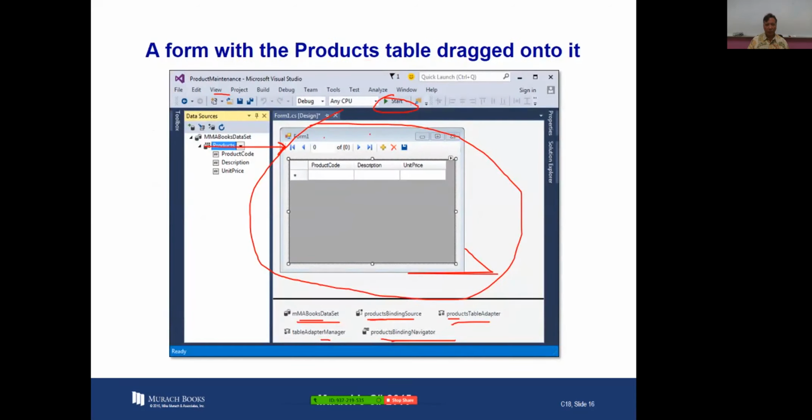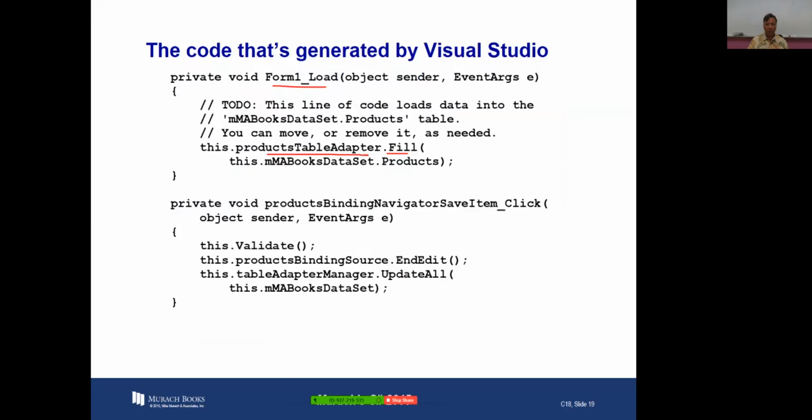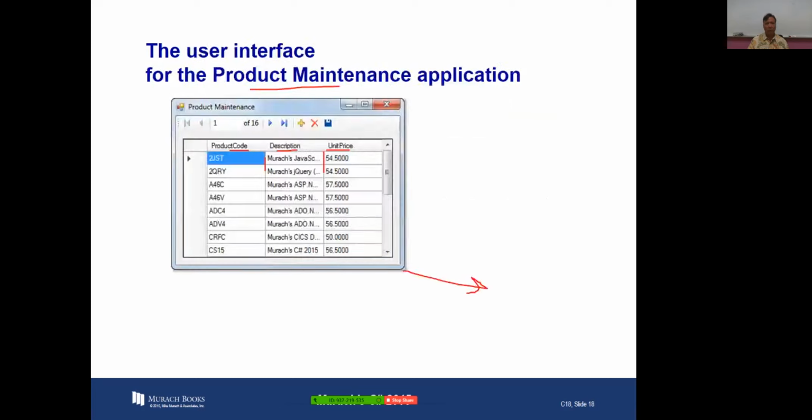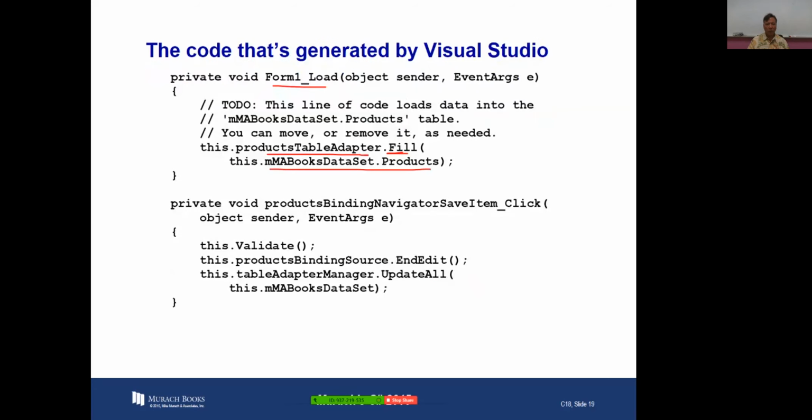The products table adapter has a fill method inside there that we call, and it fills up the DataGridView table with the products table inside this MMA books data set.